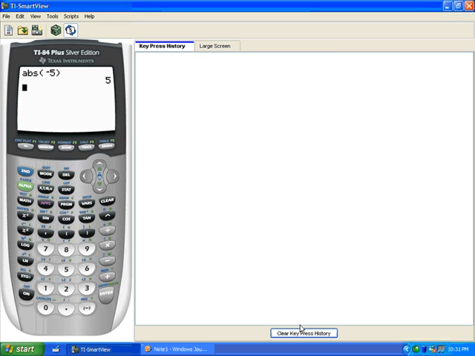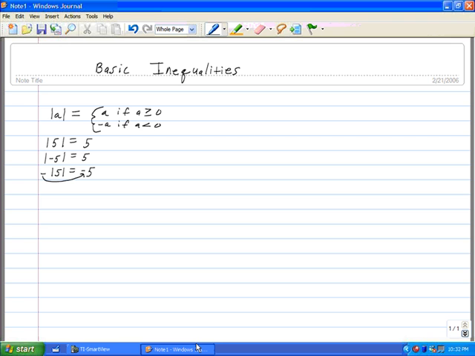If you want to take the opposite of the absolute value of 7, say, then you put the negative sign first, then go to the math menu, then go over to number, bring up absolute value. There's the 7. Close the parentheses, and again you see it came out negative because it was outside the absolute value, and the absolute value couldn't take away the negative because it wasn't inside. Alright, so there's absolute value.